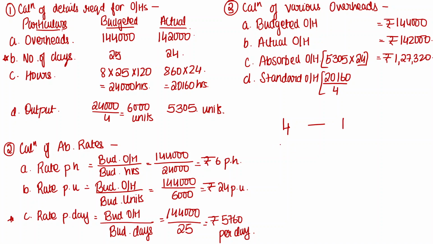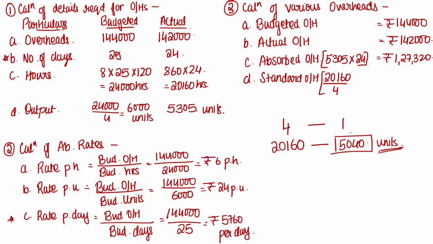So if I work for 20,160 hours, how many units should I have made? 5 not 4. 5,040 units should have been my standard units.